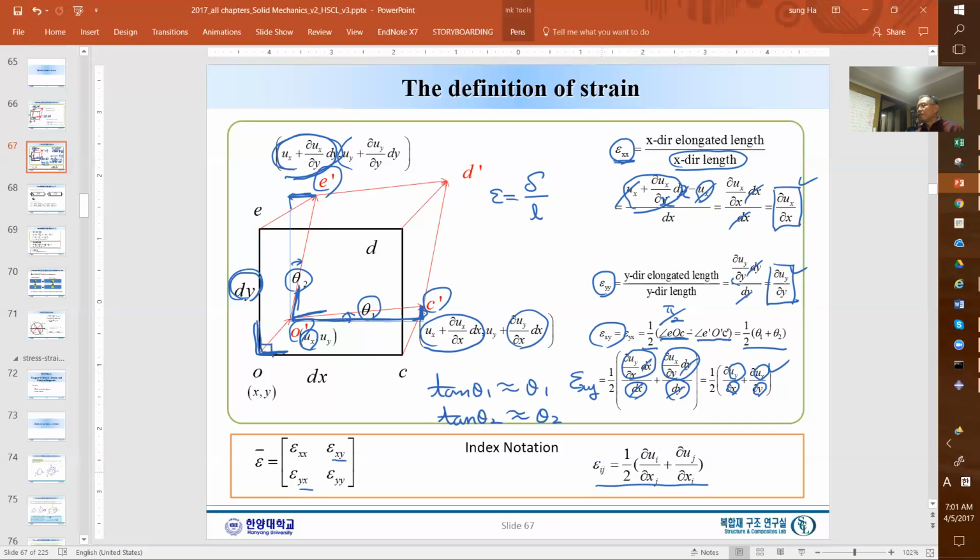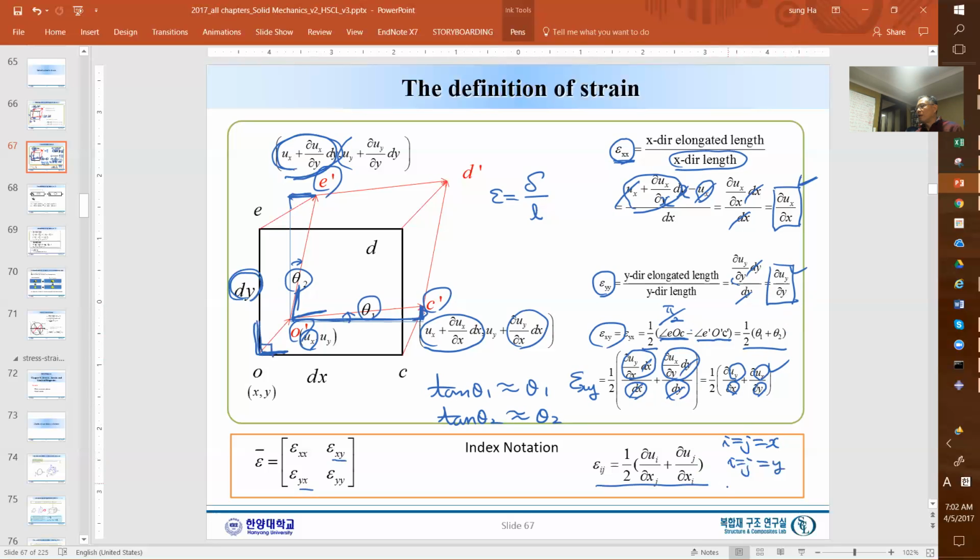And here, if I equal j equal x, let's see what happens. x and x and x and x, so that will be these terms. And what if I equal j equal y? Well, that will be epsilon yy.